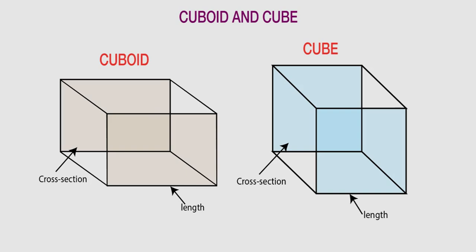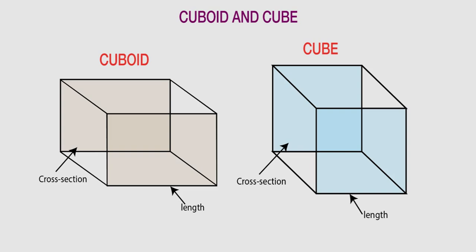However, the edges of a cuboid are not the same. Each surface of the cuboid is a rectangle. As you can see, a cuboid has a rectangular base, that is, the cross-section is a rectangle. This is a cube with a base of a square. That's the cross-section of the cube is a square.